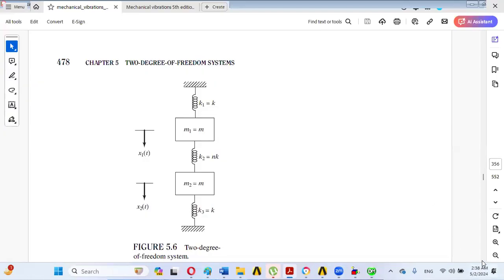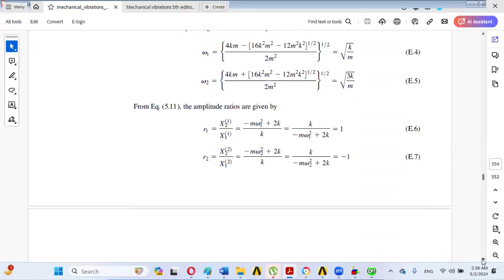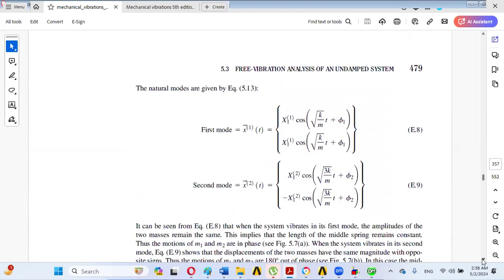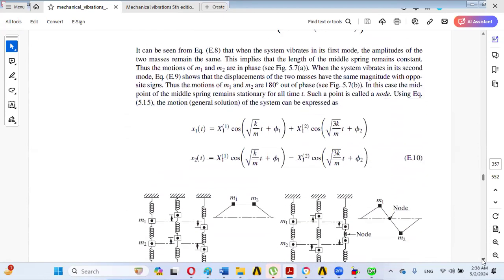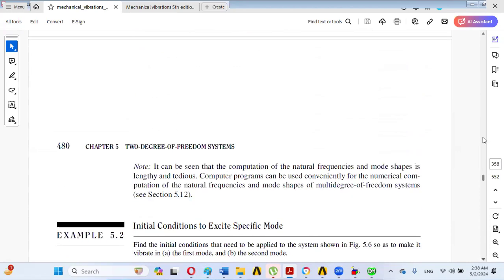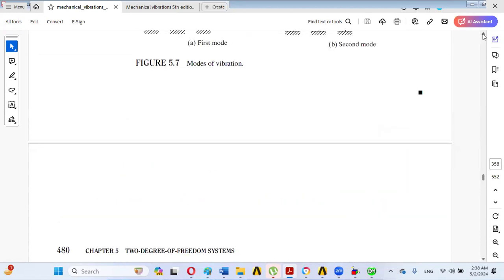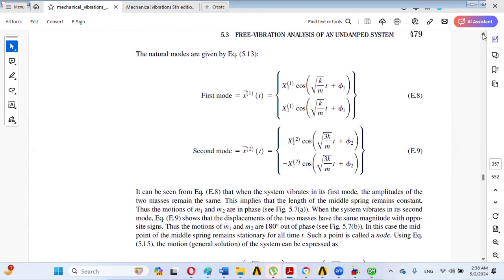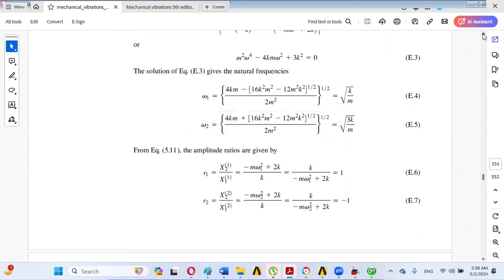So the formula for the modal frequencies which has been calculated here, omega 1 and omega 2, here they are shown, that omega 1 is square root of k by m. So omega 1 is for the first mode, so we can calculate that the K stiffness was 1000.